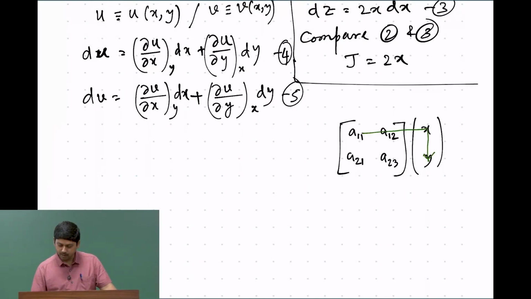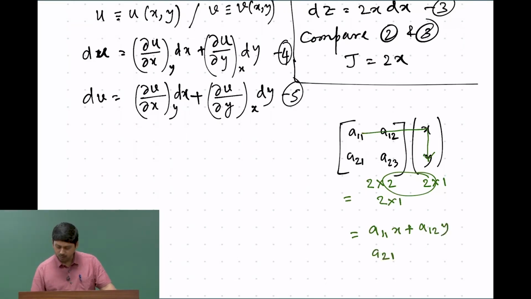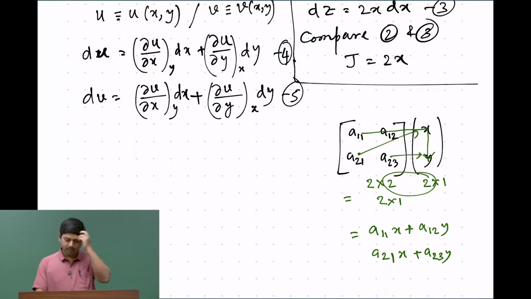So, this is a 2 cross 2 matrix and this is a 2 cross 1 matrix, that will give me a 2 cross 1 matrix, and if I write that, it will be A11 x plus A12 y, one term, and another term will be A21 x plus A22 y. So, there also I am going this to this and plus this to this, that is simple matrix multiplication.